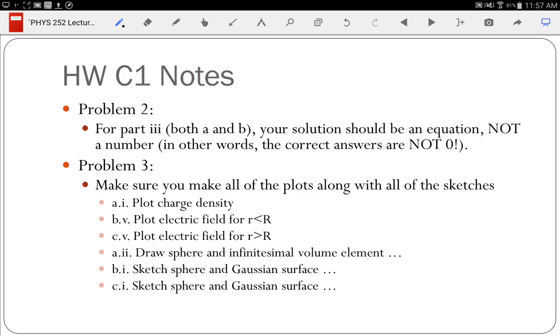So let's think about this. Your equations are going to have something like R squared plus L squared. If R is about the same size as L, it definitely depends on both of them.